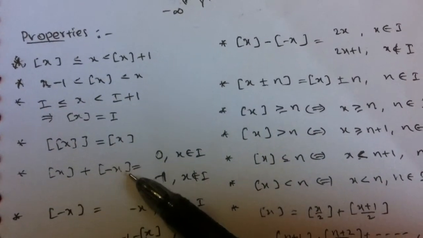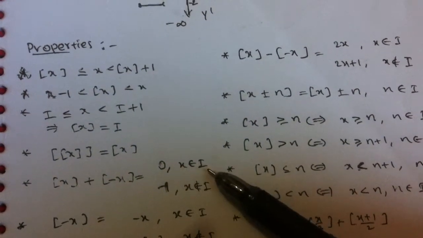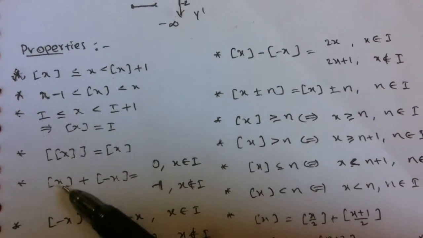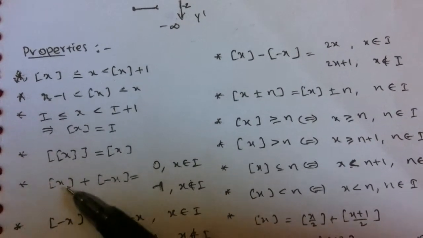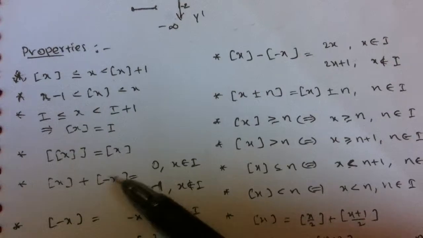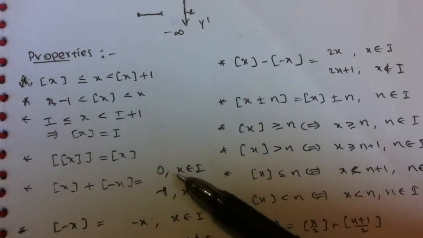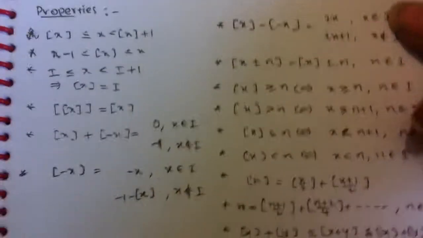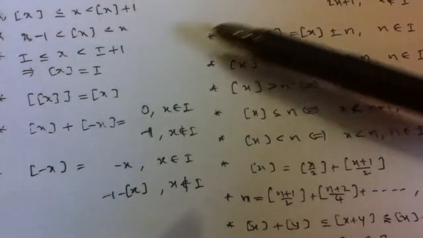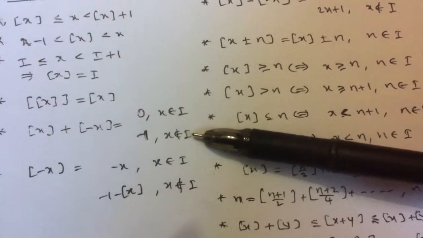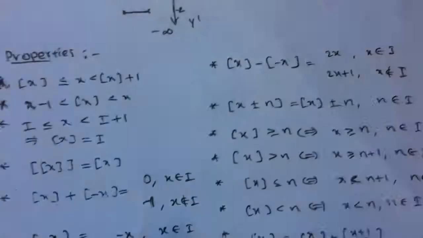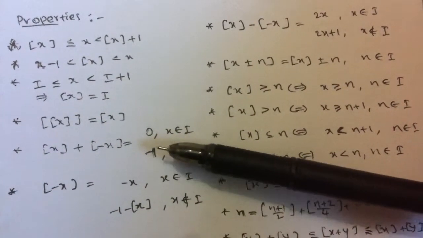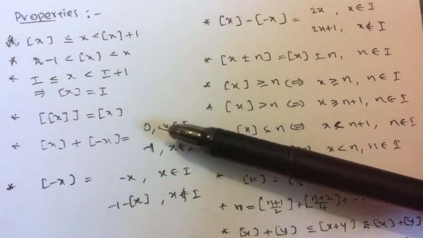Step x plus step of minus x is 0 whenever x is an integer. For example, take x as 2. We know that step x is 2, plus step of minus 2, which is minus 2. 2 minus 2 is 0. Even in case x is a non-integer number, you can take 2.3.